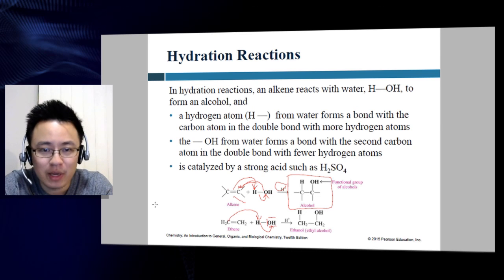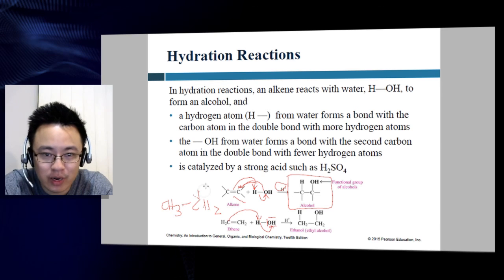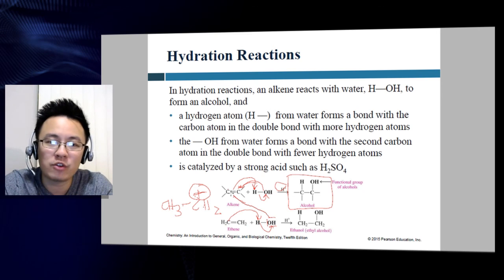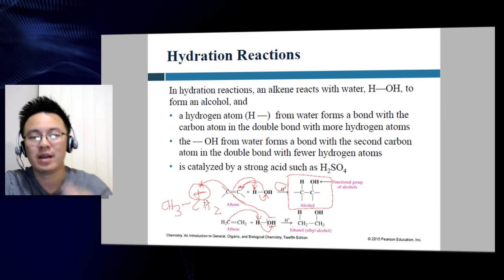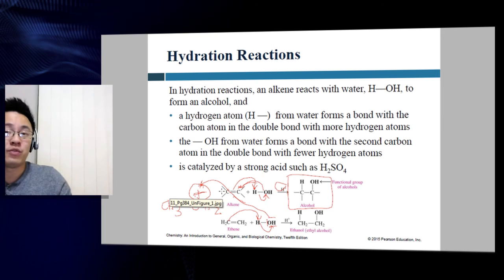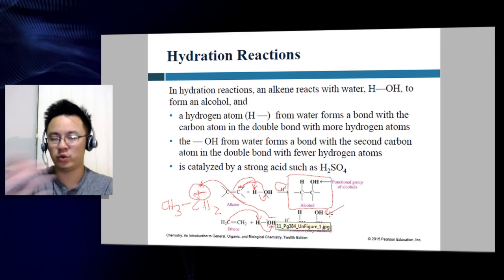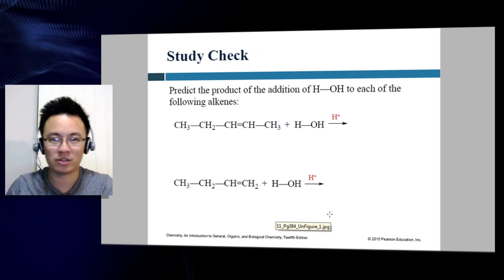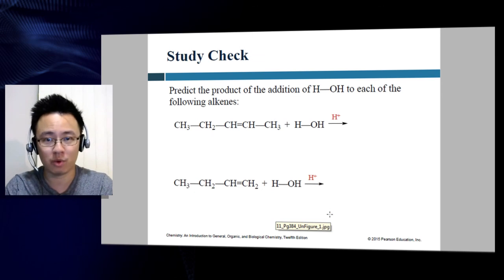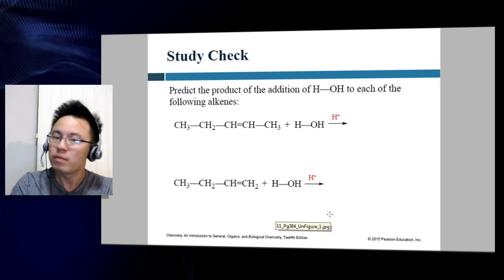Now we have an intermediate, CH3 with the CH2, but because it's missing a bond, it risks a positive charge right on that carbon there. So the hydroxide ion, very attracted to that positive charge, is going to bind there and form that final fourth bond with the hydroxide, therefore leading us to that alcohol. So that's just showing you the mechanism of how these reactions happen. Okay, you can do these problems on your own.